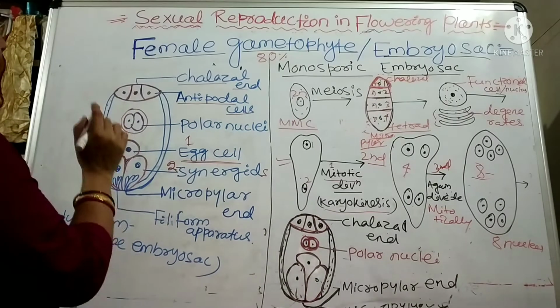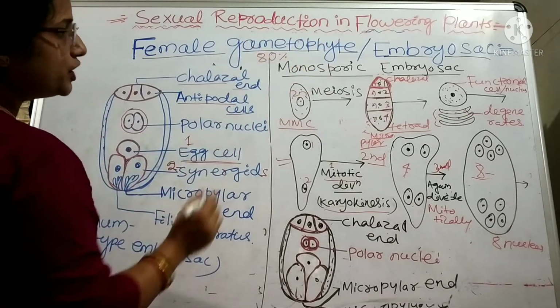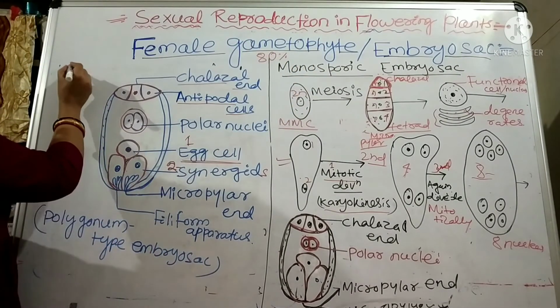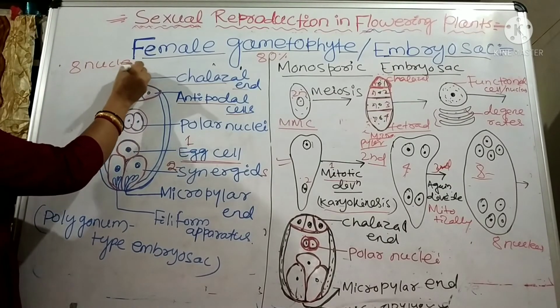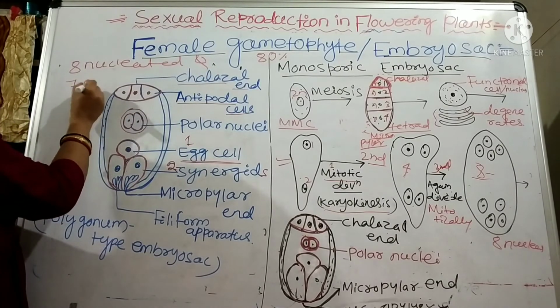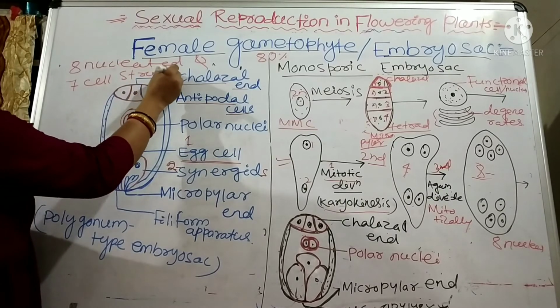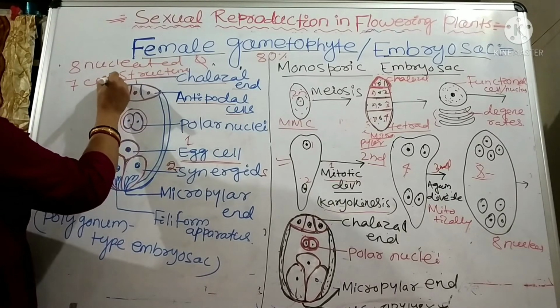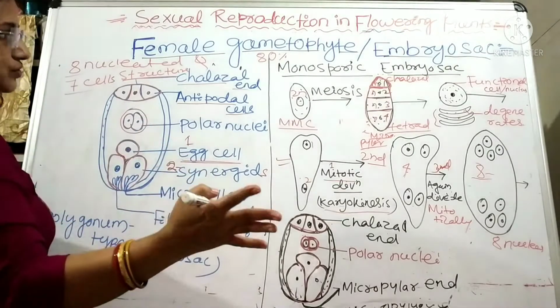Okay. So the female gametophyte, or the monosporic embryo sac, is 8 nucleated and 7 celled.